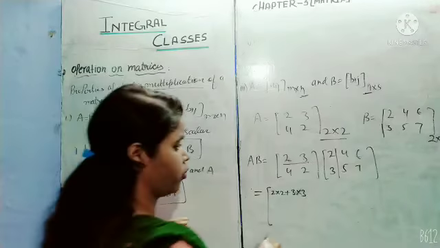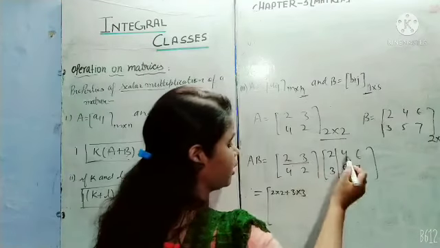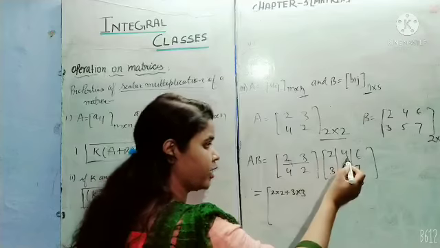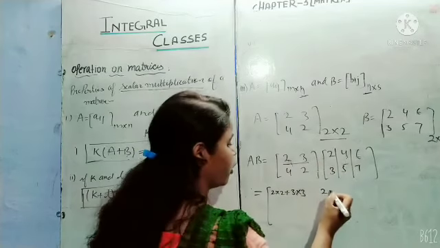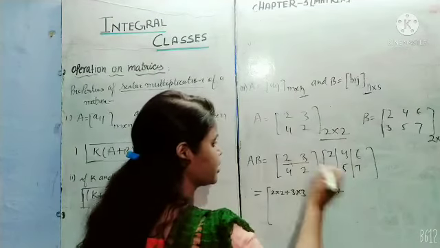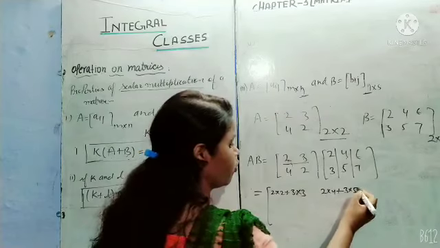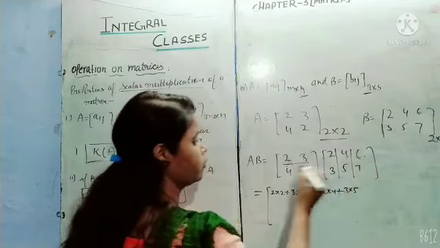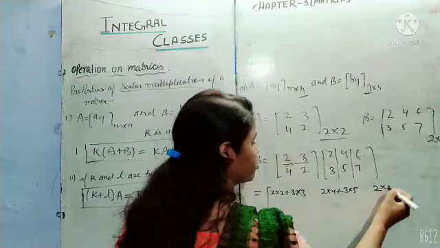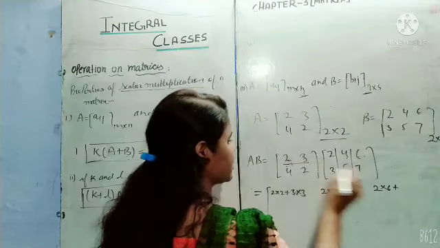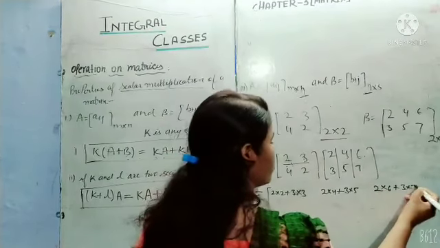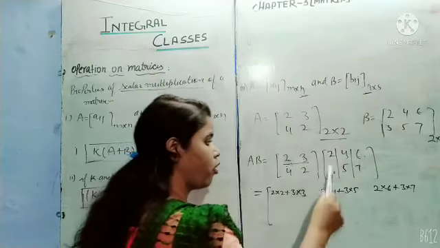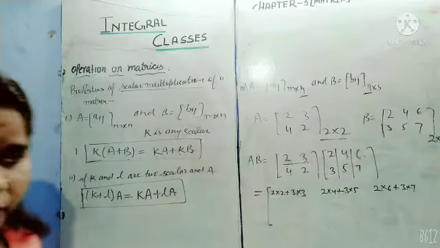Again the first row by the second column: 2 into 4 plus 3 into 5. Again the first row by the third column: 2 into 6 plus 3 into 7. So we multiply the first row by all of these 3 columns.